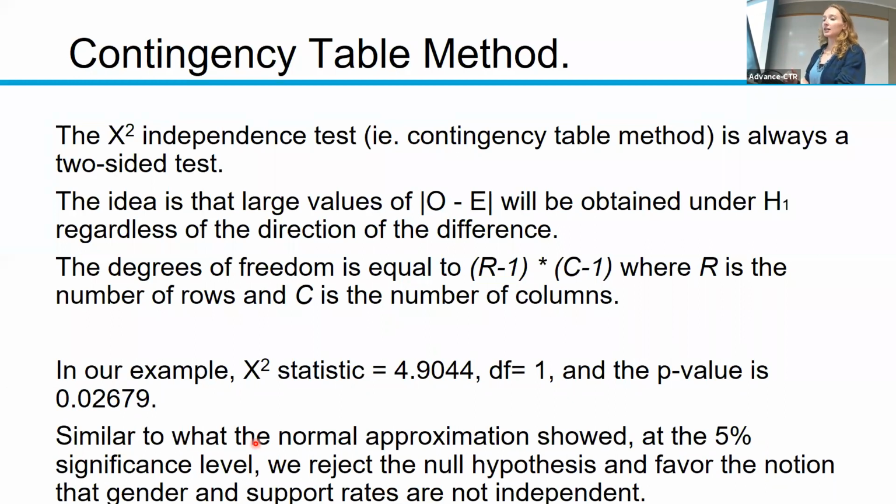So this p-value of 0.02679 is less than 0.05. So similarly to the normal approximation, at a 95% confidence or a 5% significance level, we reject the null hypothesis and conclude that gender and support rates are not independent, and there is a statistically significant difference between those two proportions.